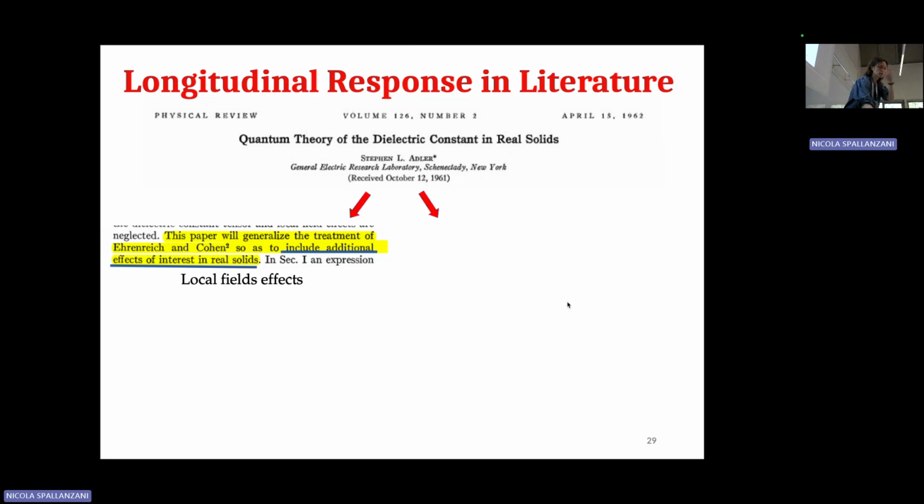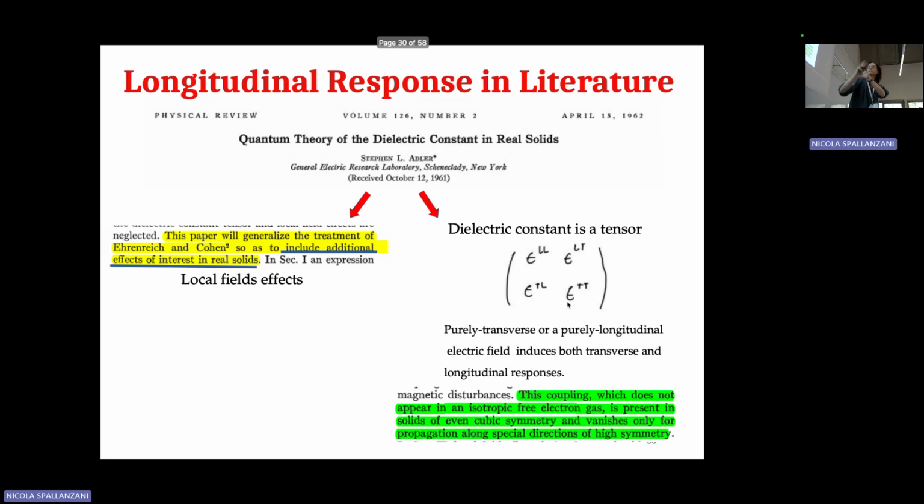Then he makes another consideration: in reality the electric constant is a tensor, so a purely transverse or a purely longitudinal field can induce both transverse and longitudinal responses. This coupling does not appear in the isotropic free electron gas, because as we saw before, in an isotropic homogeneous material the two responses are decoupled.